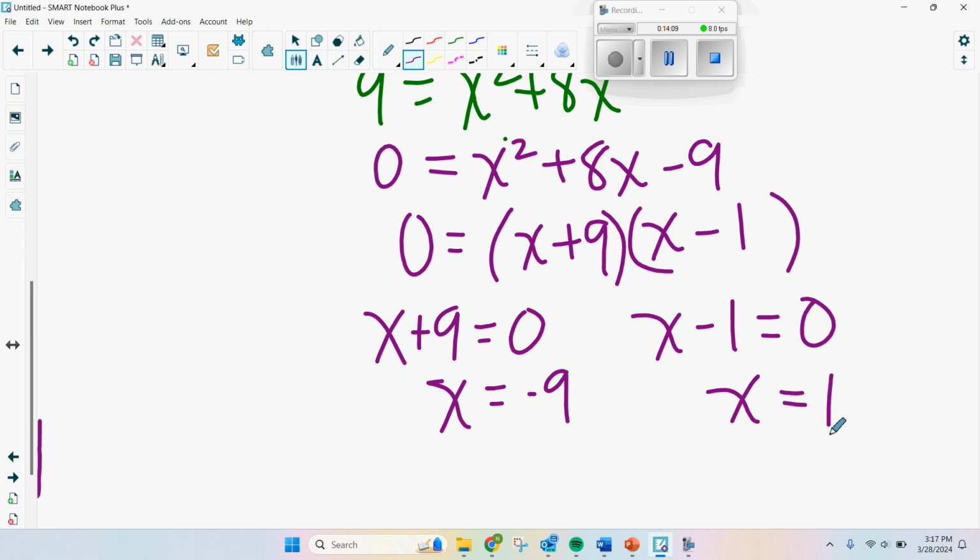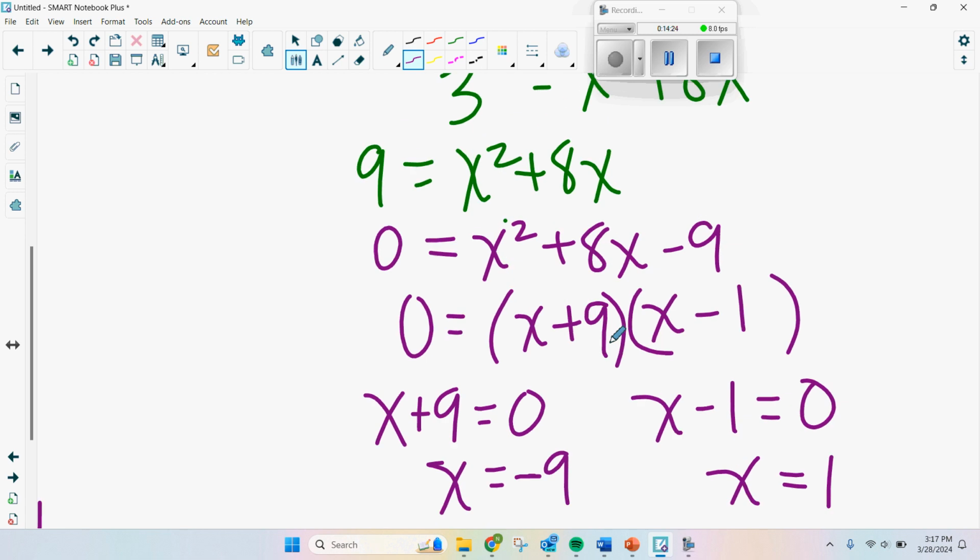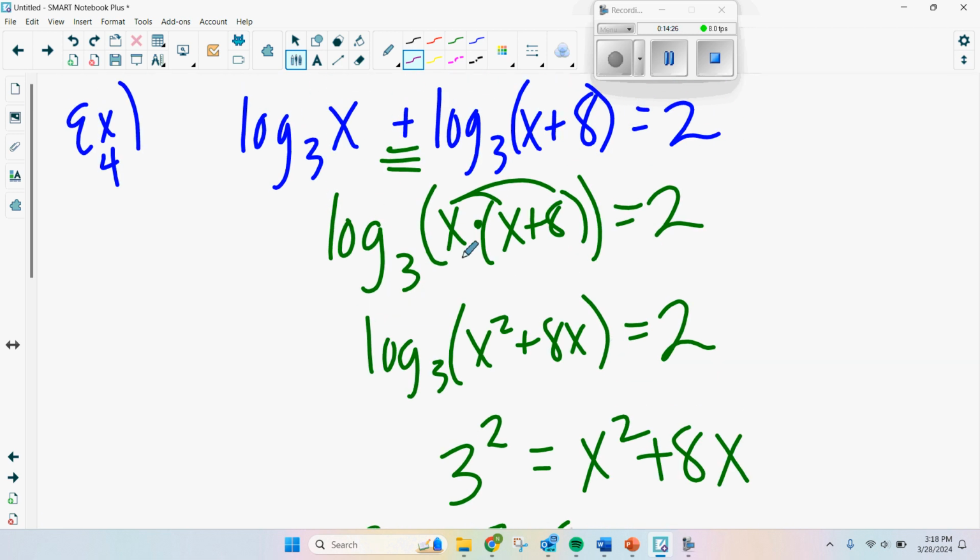Now, the only thing we need to be careful about is that sometimes when we simplify stuff with our properties, we end up with extraneous solutions, ones that are extra and don't actually work. So if we look up at the very original question up here in blue, see if you can plug in these things and have it be okay.